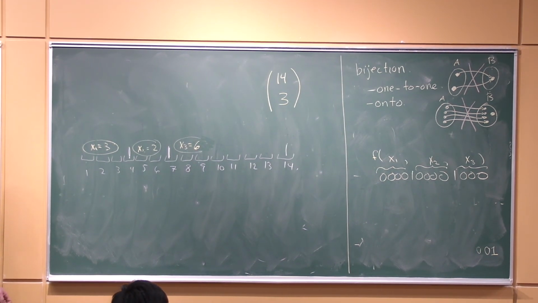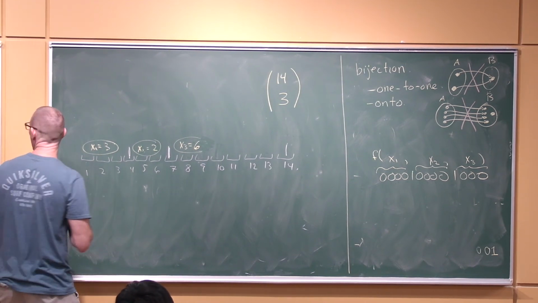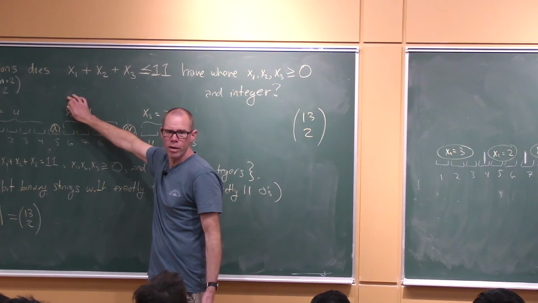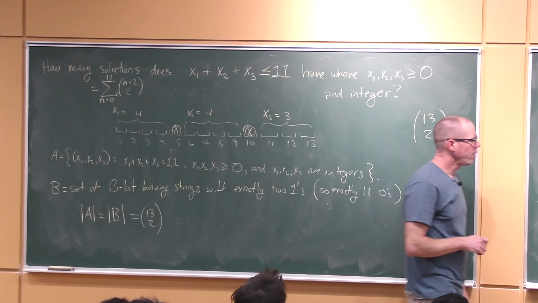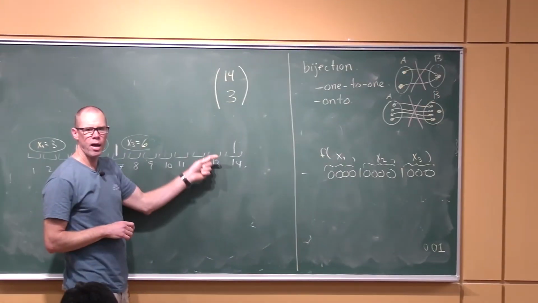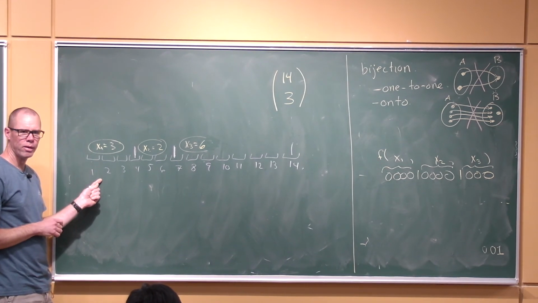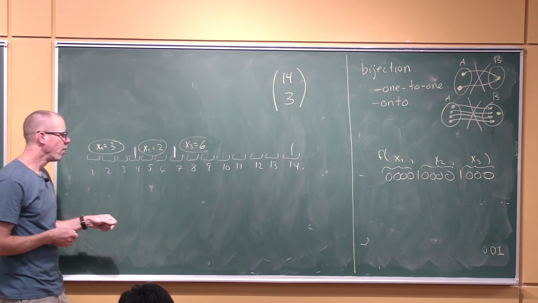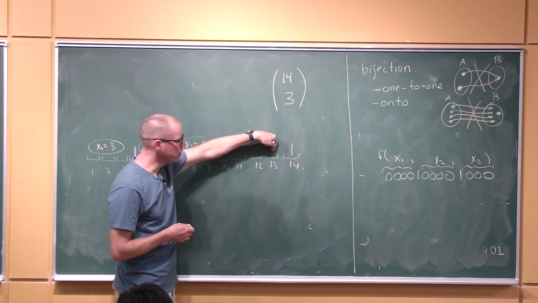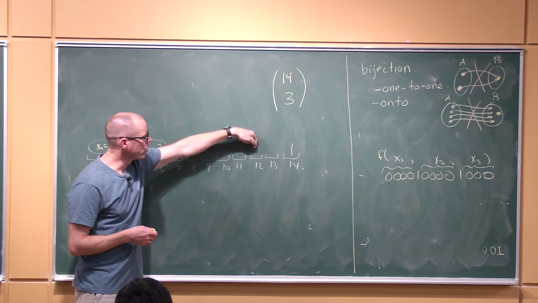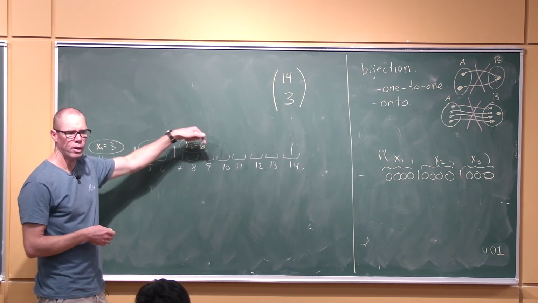Right, and actually you can kind of see what's happening. What is this formula here? The way to interpret it is, well, I can place that third one over here at position 14 and then look at the ways of doing the other 2. That gives me the 13 choose 2 term. Or I can put the last one at position 13, and then I'll get a 12 choose 2. Or I can put it at position 12, and then I get 11 choose 2, and so on.